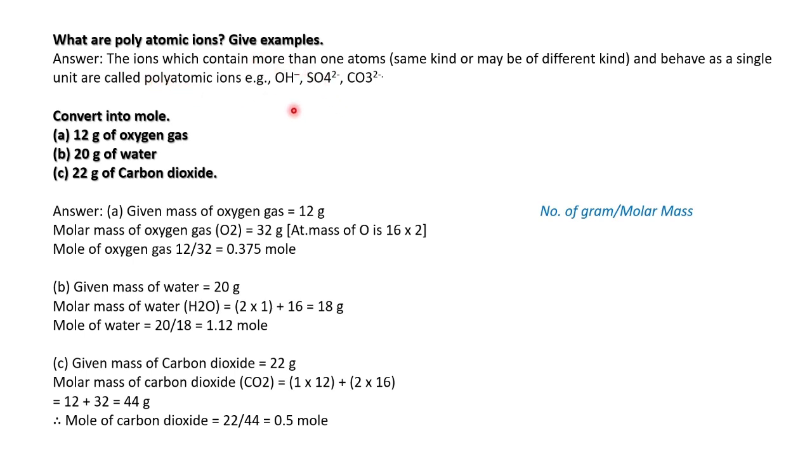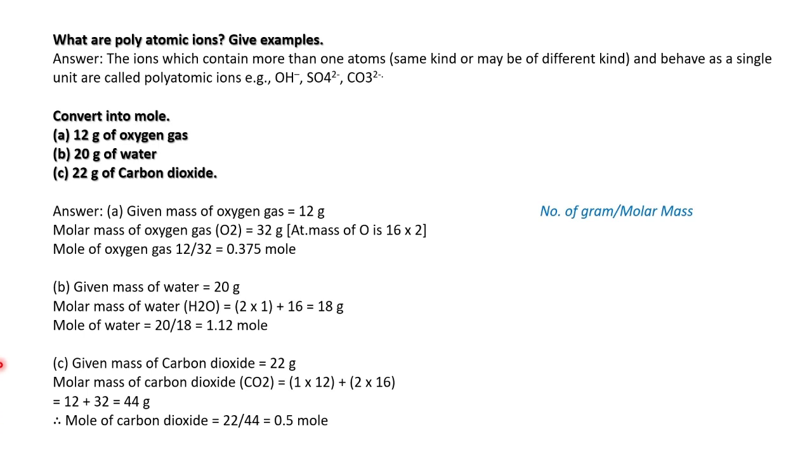Hydroxide, O and H, will not show oxygen property or hydrogen property; together they react. Sulfate, SO4, and carbonate will not show the properties of carbon and oxygen, or sulfur and oxygen, separately; they behave together. So those are all called polyatomic ions.